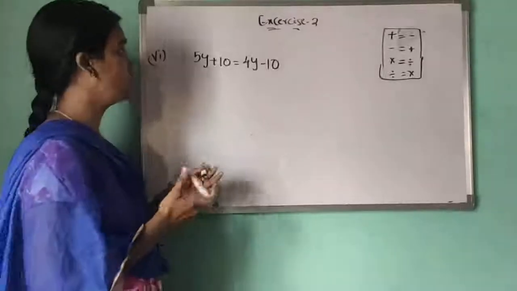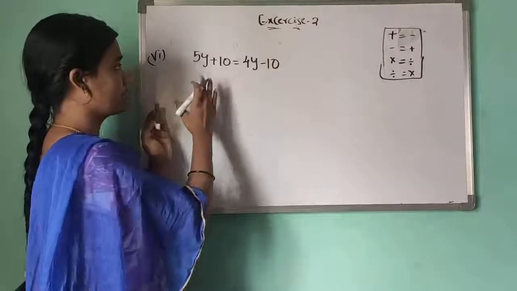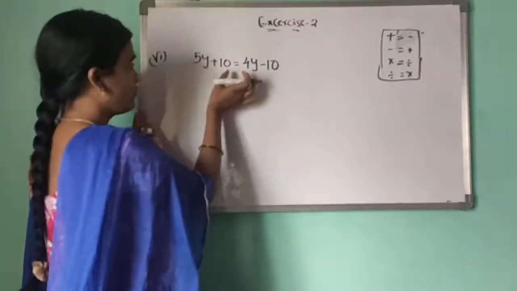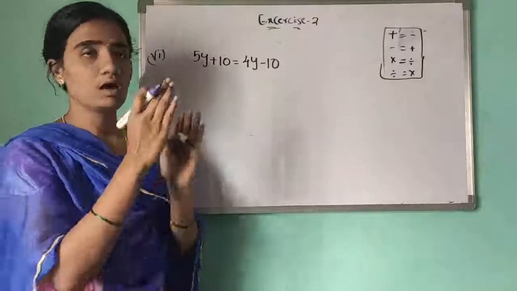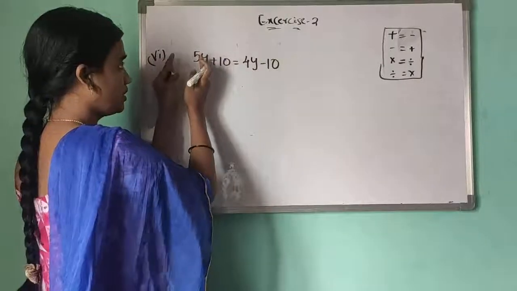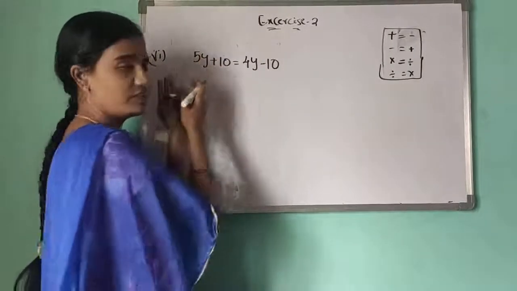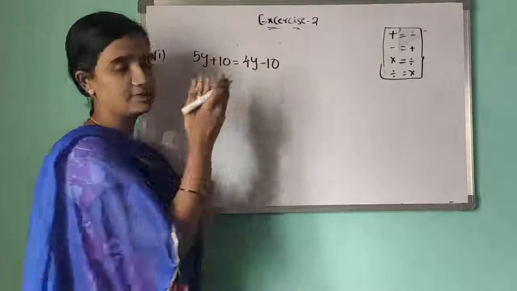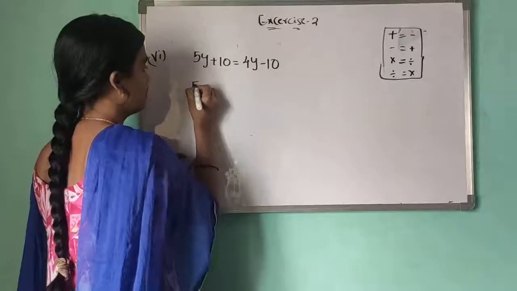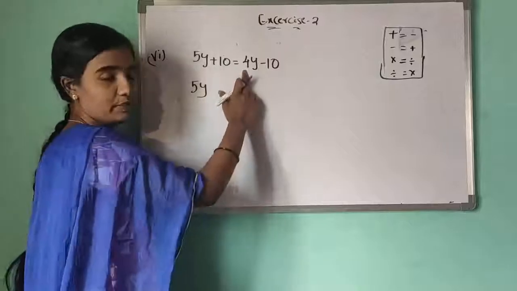Okay guys, here I want to transpose the numbers, we have 5y and 4y. I want to write the y values on one side, and the remaining numbers on the other side. See, 5y, and here plus 4y.